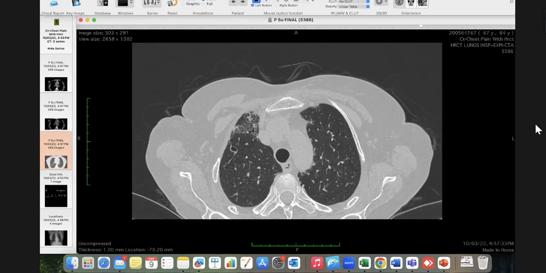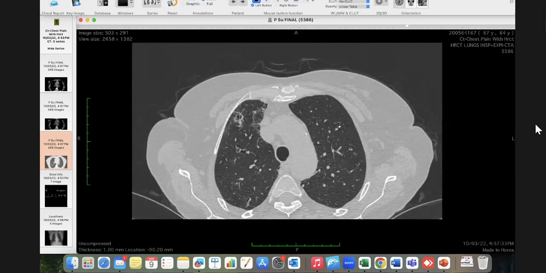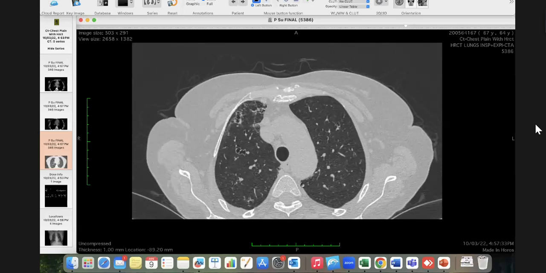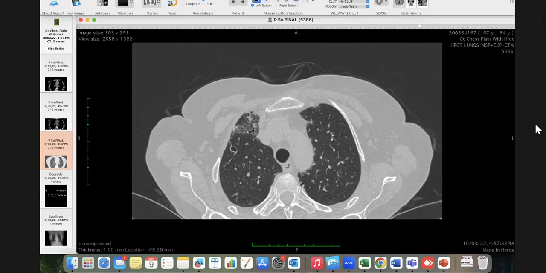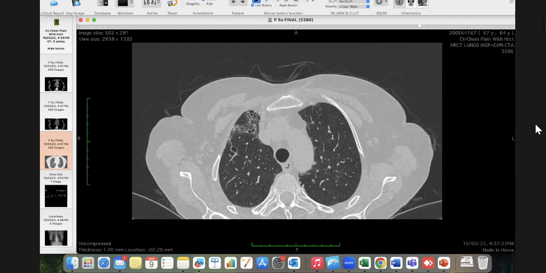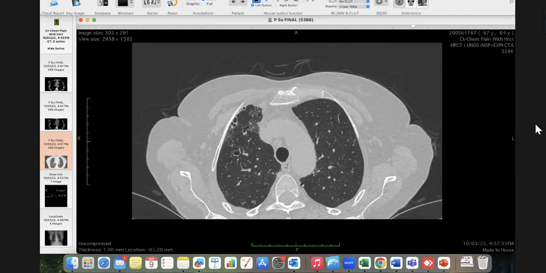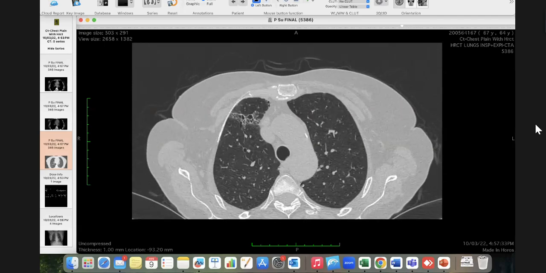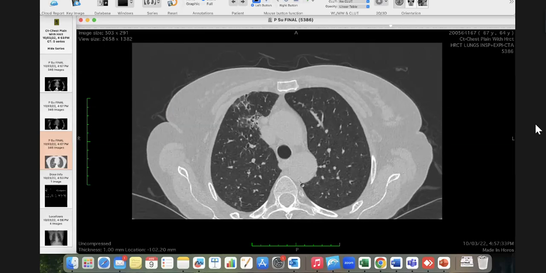Again reticulations, traction bronchiectasis. Funnily, there is involvement of the anterior lung out here in the upper zone itself. So my mind is already made.